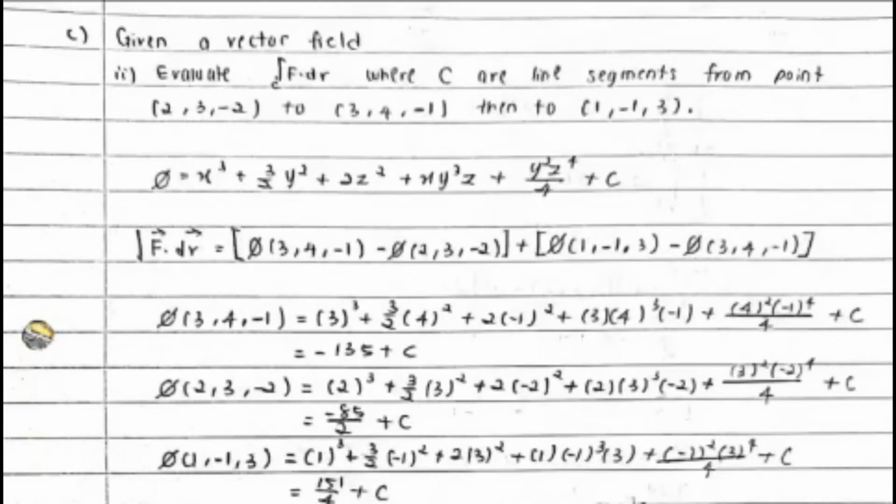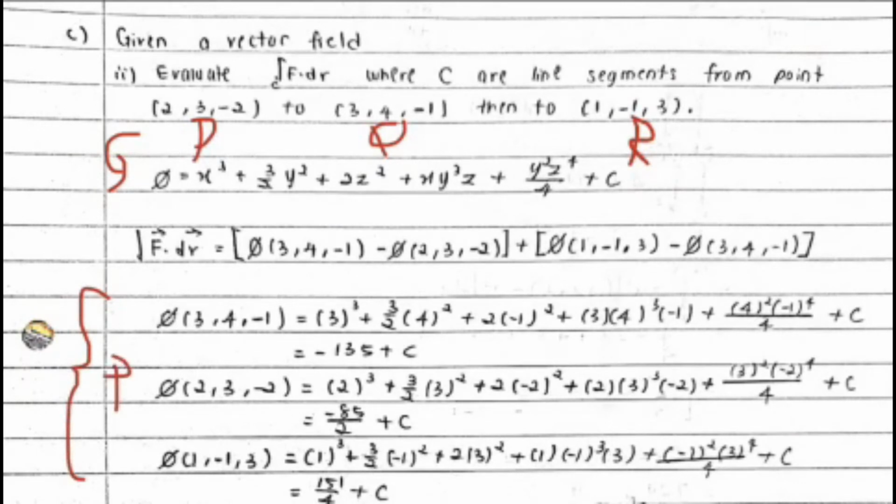For question 4c2, we need to evaluate the integral of F dot dr, where C is the line segment from point (2, 3, -2) to (3, 4, -1), then to (1, -1, 3). Let's say it is points P, Q, and R. First, we need to substitute the points into the potential function.